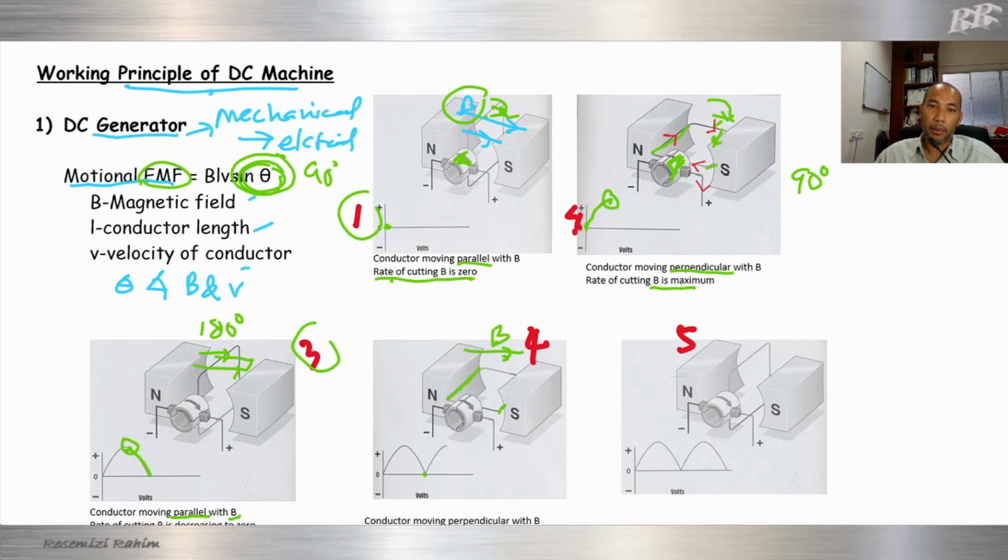Then you can see that the commutator will change to here, and this commutator changes to here.